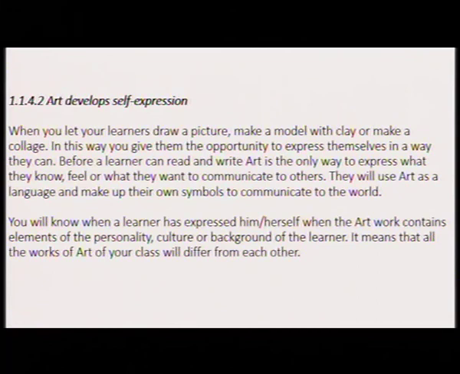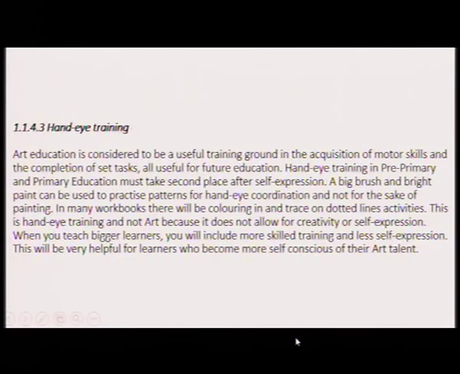So learners and artists, even ordinary artists, express whatever they are going through at that specific time, or something they have experienced, but in many cases it's something to do with their culture and their own background. The third aim of visual arts education is hand and eye training.